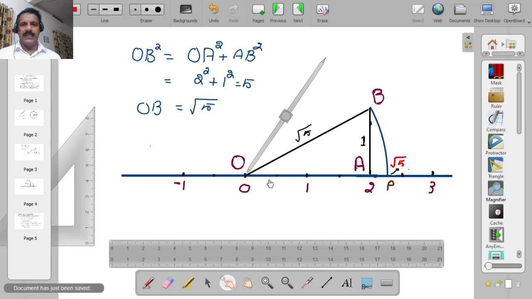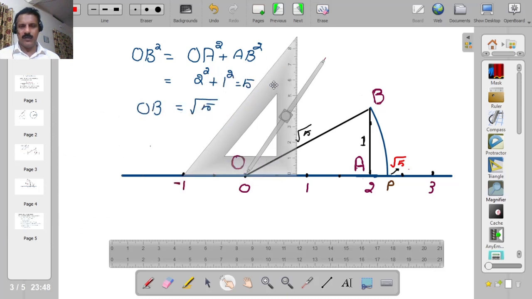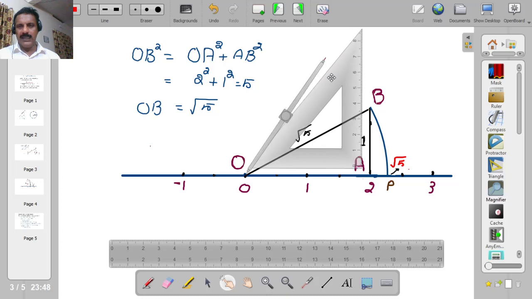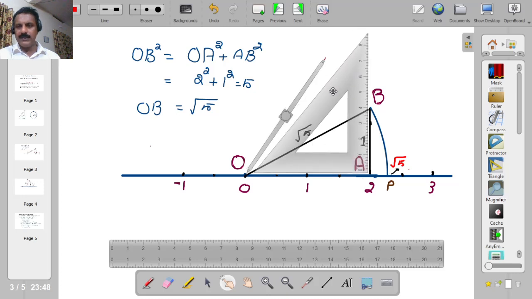Now we will be drawing a line perpendicular to the number line at point A. See, we have drawn a line perpendicular to the number line at point A, and the length of this perpendicular is 1 unit.